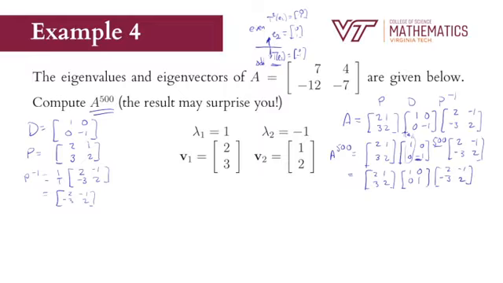So when we do this transformation 500 times, we get the identity matrix here. And multiplying by the identity matrix doesn't do anything. And so we get 2, 1, 3, 2 times 2, negative 1, negative 3, 2. But that's P times P inverse, and P times P inverse is the identity matrix.